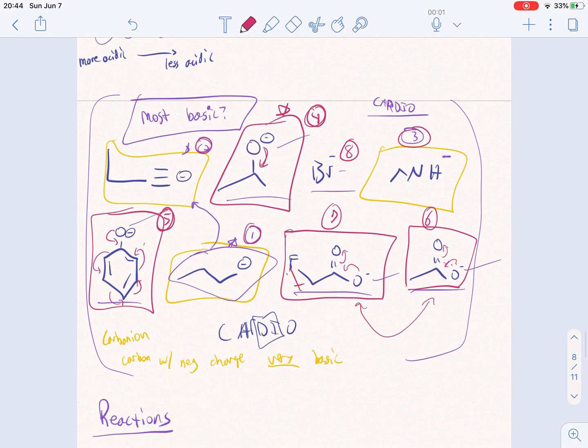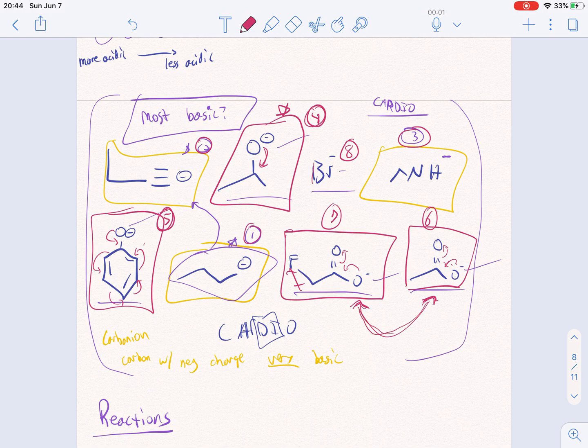This is very electronegative, which contributes to acidity. That makes it more acidic, right? So comparatively speaking, 6 is going to be more basic than 7 because 6 doesn't have that fluorine on it. That fluorine brings down the basicity of 7, right? So that's why 6 and 7 are the way they are.